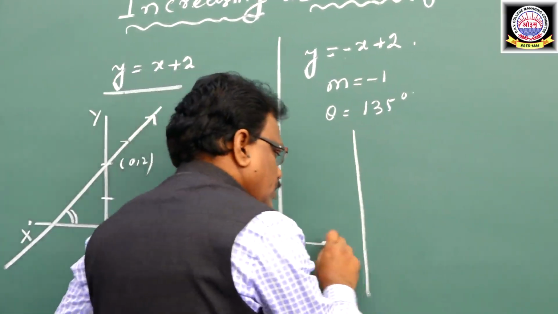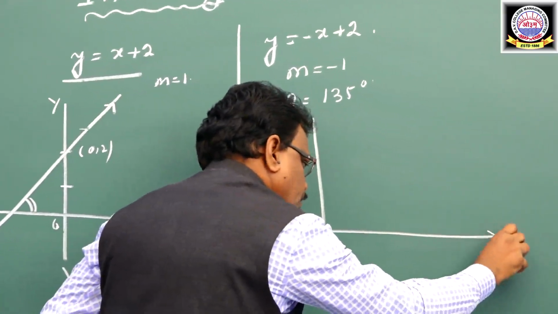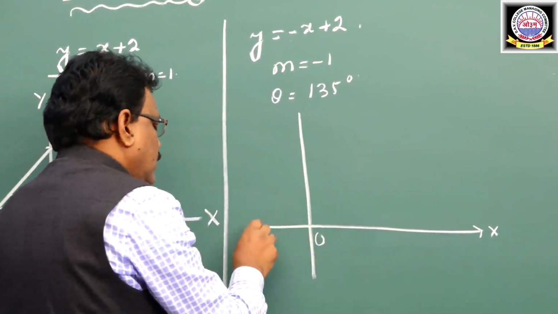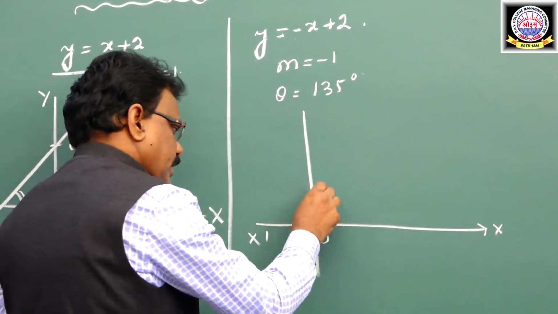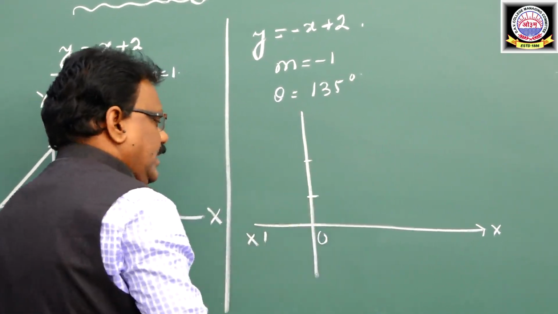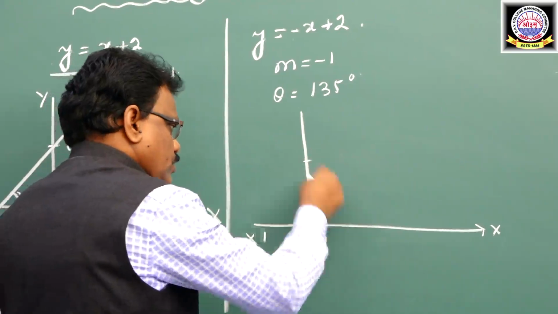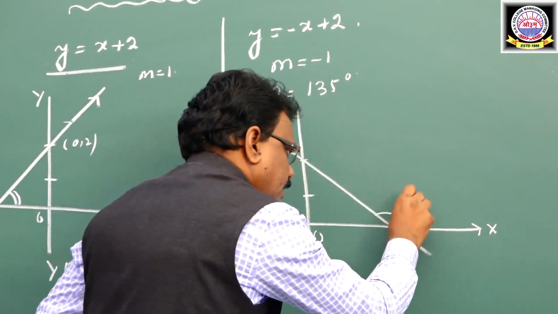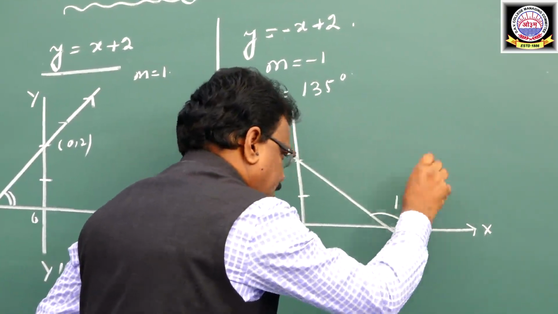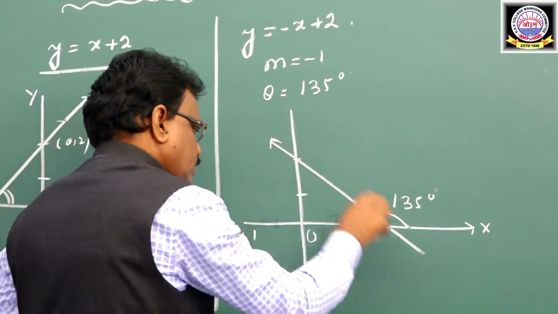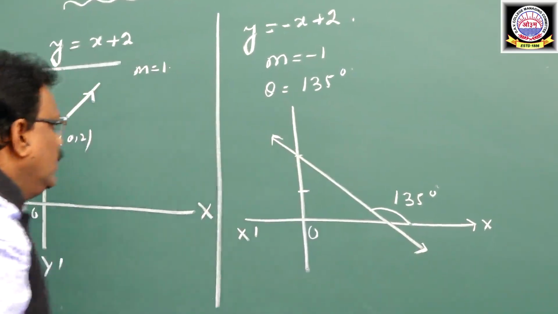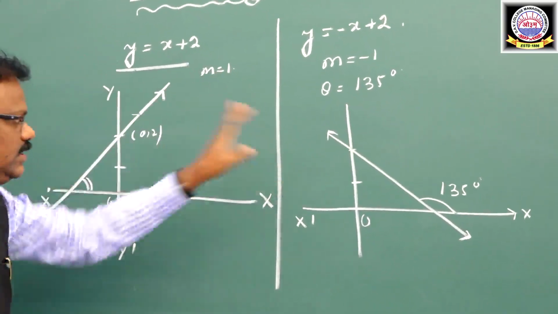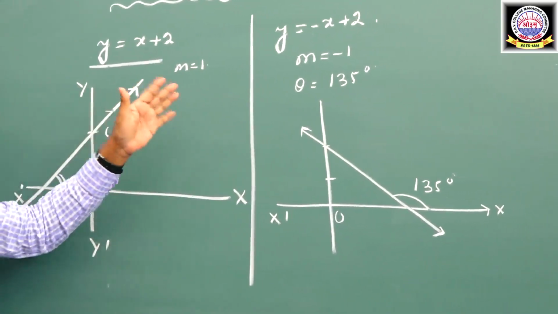The y-intercept is 2 and the slope angle is 135 degree, so this angle is 135 degree. So, this is the graph of y is equal to x plus 2 and this is the graph of y is equal to minus x plus 2.